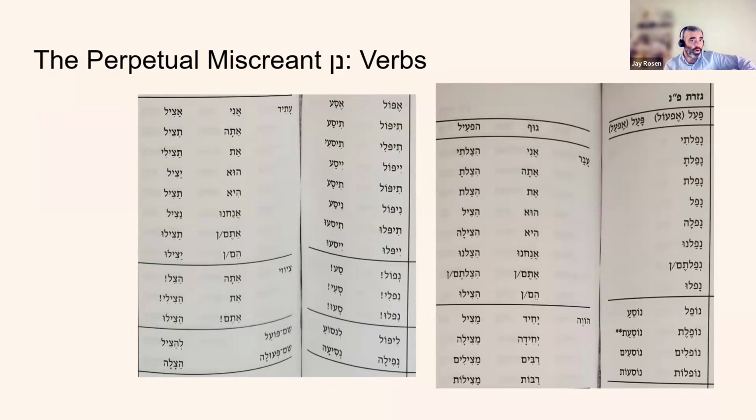So if I say I fall, ani nofel. I fell, ani nafalti. But in the future tense, it's ani epol. I will fall. How does it do that? Why it does that is a longer story, but it's all to say that if we were to pronounce nun in its regular form, it would act a little funky.